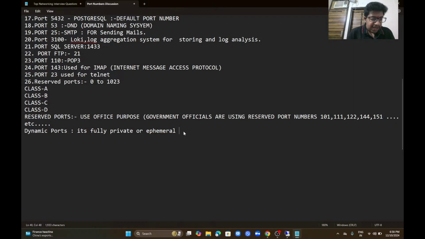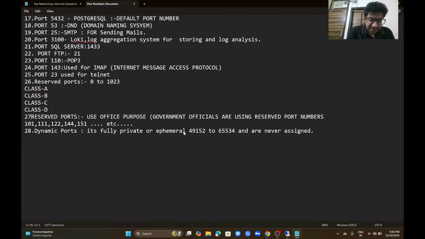The ephemeral range is 49,152 to 65,535, and never-assigned port numbers.